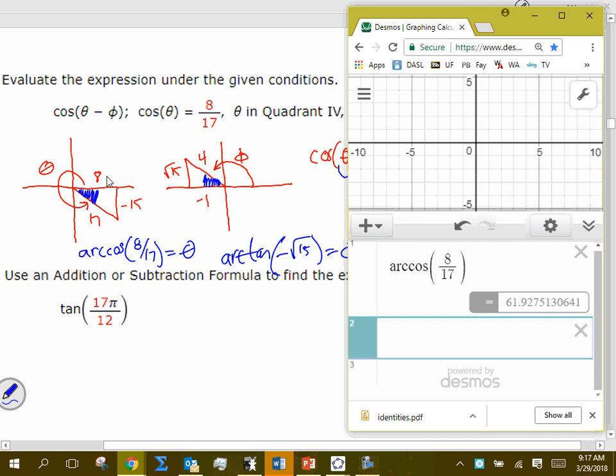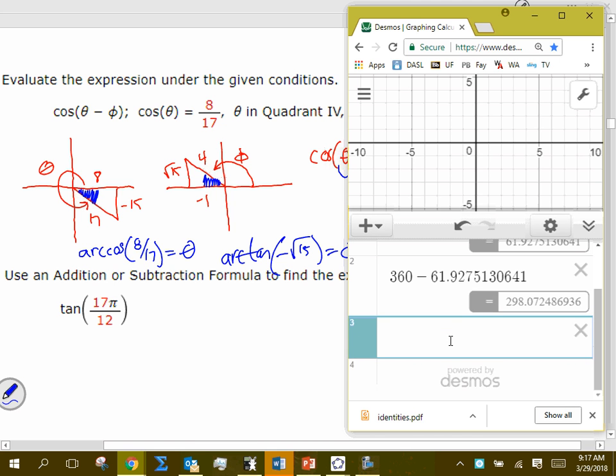Is theta 61.9 degrees? No. The blue angle is 61.9 degrees. Theta, how do I find theta? 360 minus that. Good. So there's theta, 298.